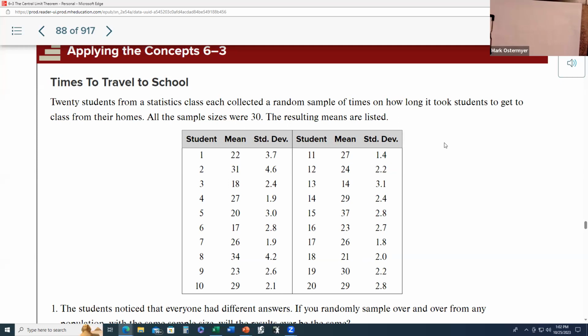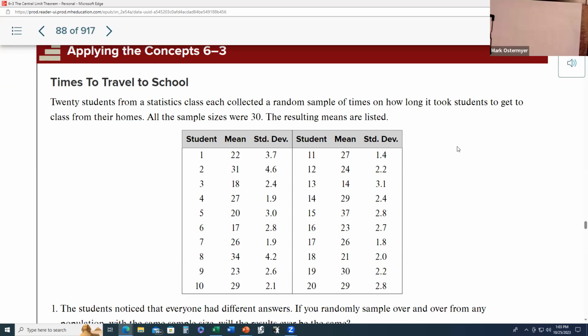All right. Now, if, ladies and gentlemen, if we had one student, let's say, that polled the entire population, and let's say that the entire population is what? Well, 20 students each polled 30 students randomly, okay?